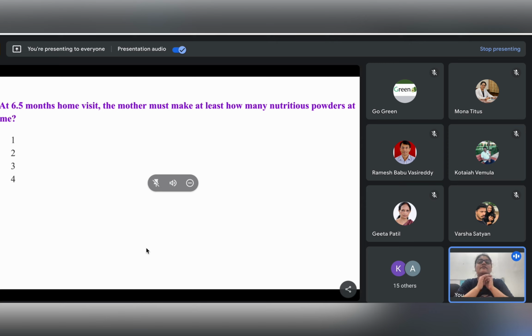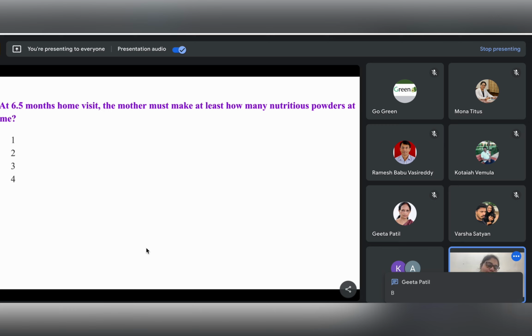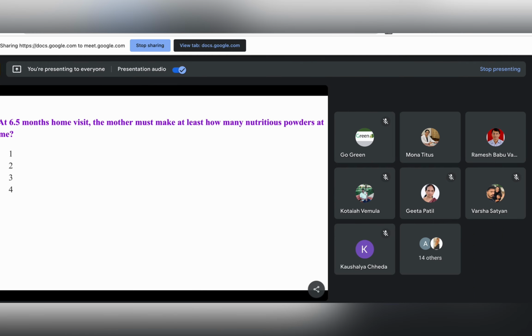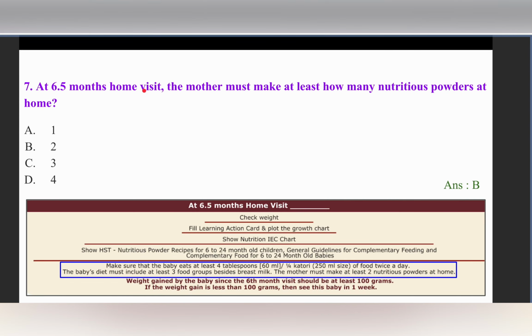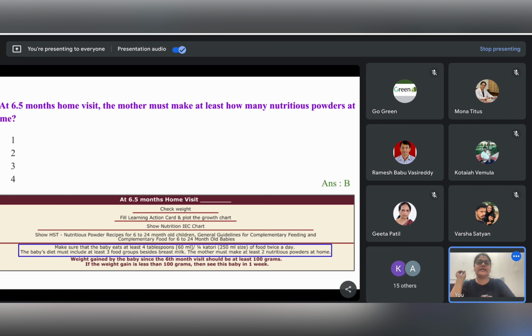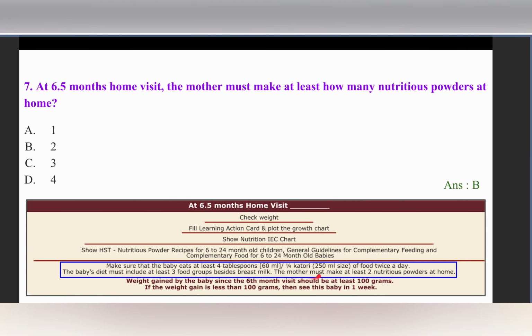At 6.5 months home visit, the mother must make at least how many nutritious powders at home? Option B. I hope everybody can answer this. I have just set up the answer a couple of minutes back. Very rightly, at 6.5 months home visit, the number of nutritious powders is 2.